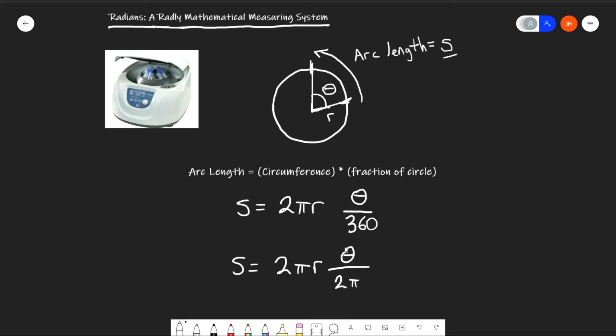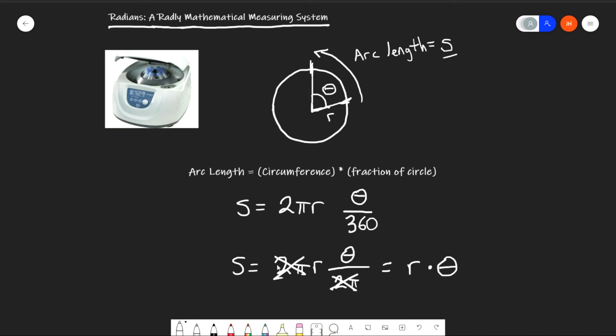Now, something that's interesting, and this is not a coincidence, this is actually more of a feature: the 2 pi from my circumference formula will cancel out with the 2 pi from the fraction of the circle I have. And I'm left with arc length equal to r times theta in radians.